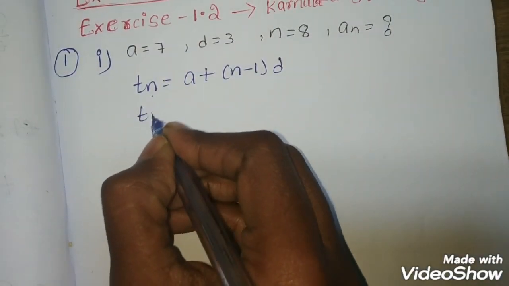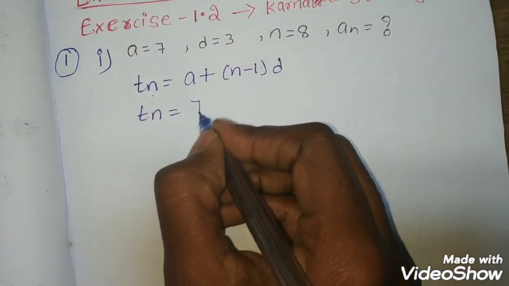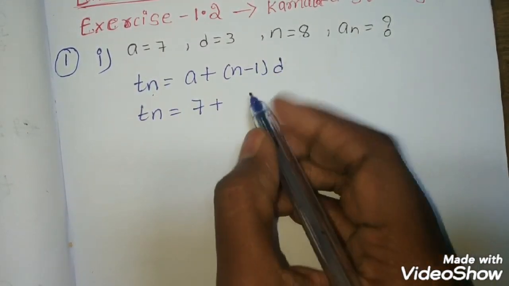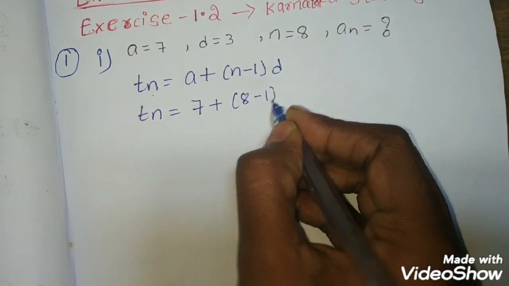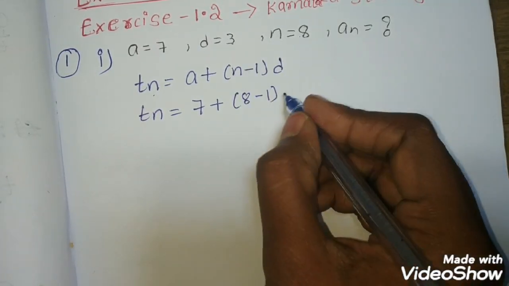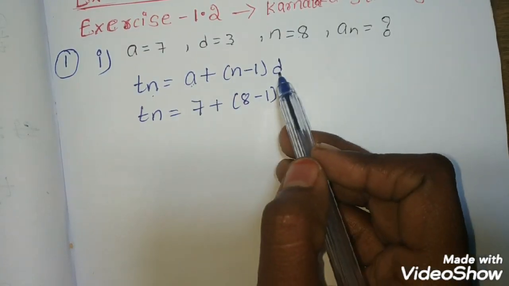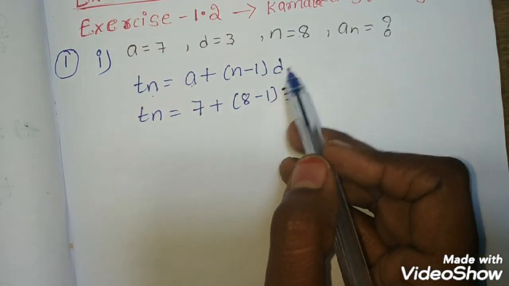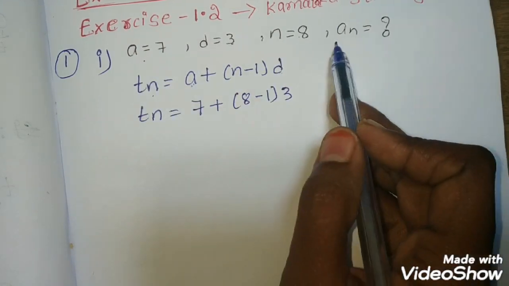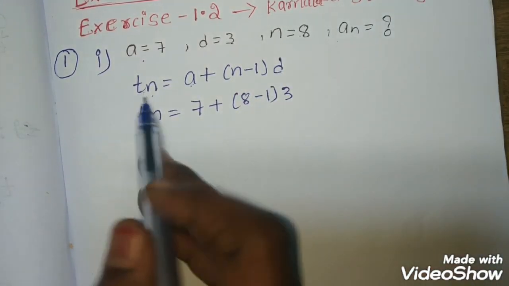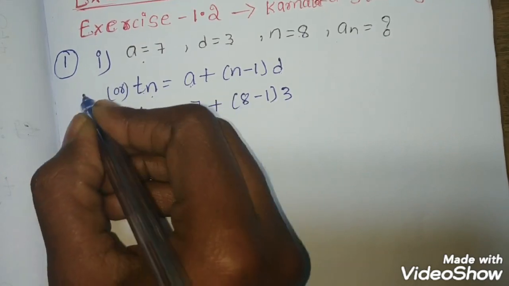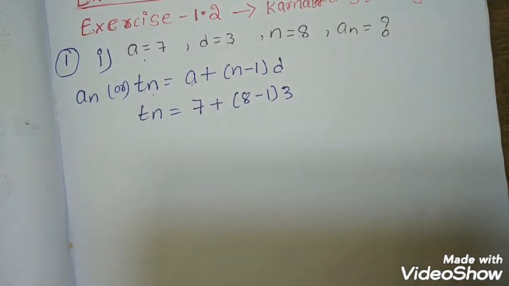So Tn is equal to, what is a? A is 7 plus n means 8 minus 1 into d means 3. What is a here? A is the first term. What is d? D is the common difference. Already they given here. We need to find nth term. That means Tn. Or we can write an also.